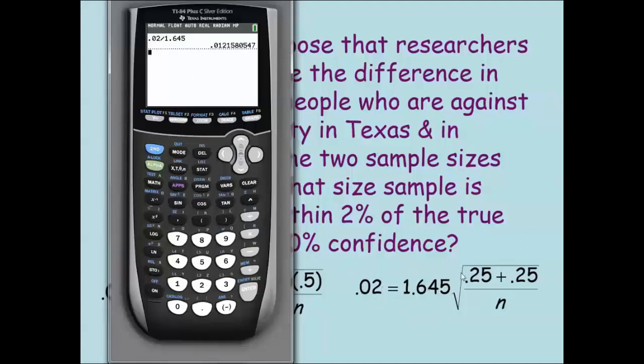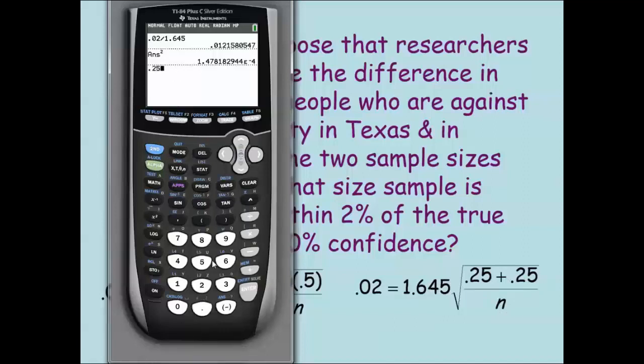So that would equal the square root of this. So then I want to square it, and I get this decimal. So then to get n, I want to take 0.25 plus 0.25 and divide it by this number that I've now found.